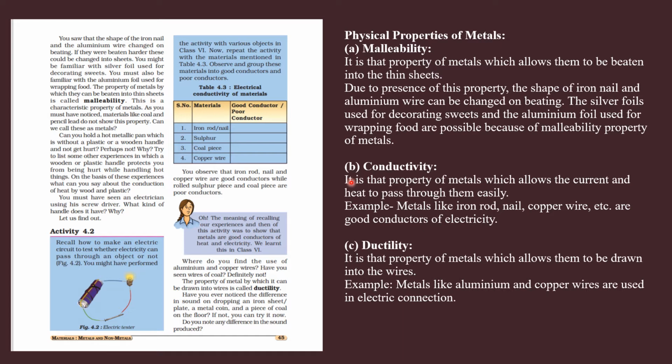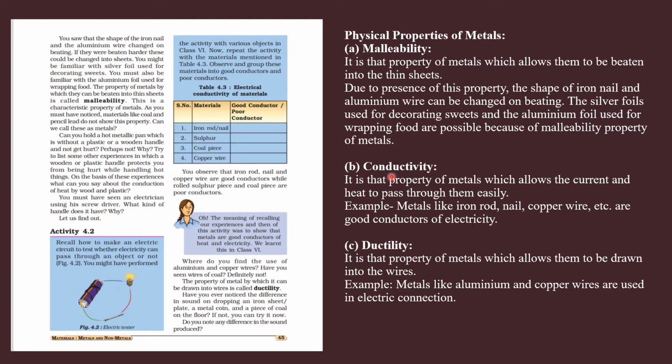That property is known as conductivity. One more example from our day-to-day life: we use aluminium wires or copper wires. We can draw metal easily into wires. The property of metal by which it can be easily drawn into wires is known as ductility.